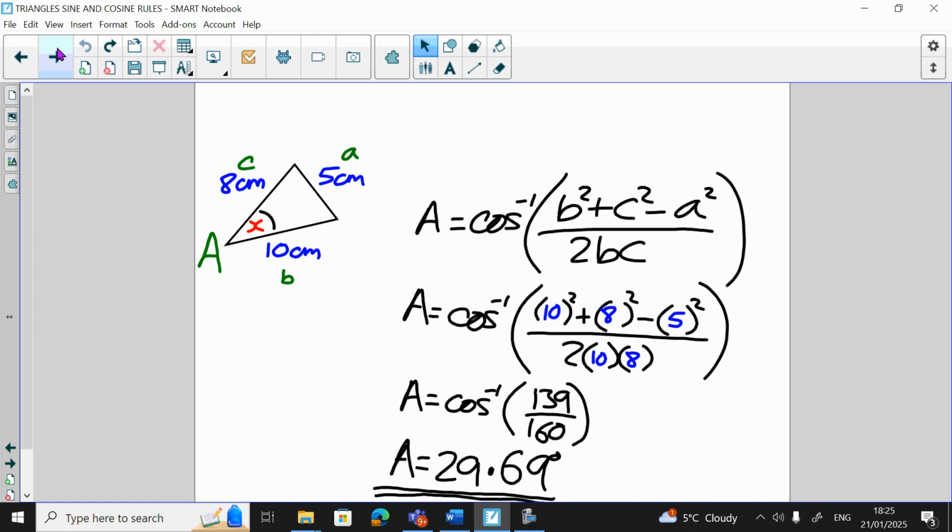And some of you might want to write down the whole answer in your calculator to be on the safe side. That's okay. If they don't specify a number of decimal places, go for at least one here.